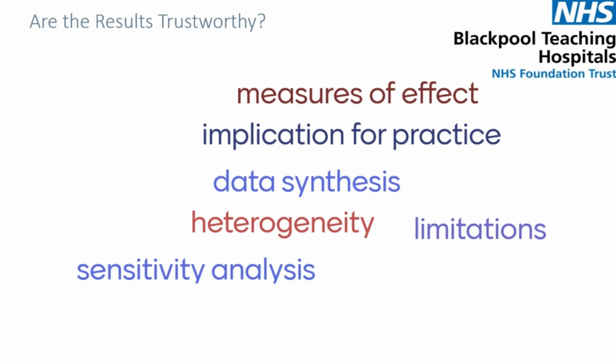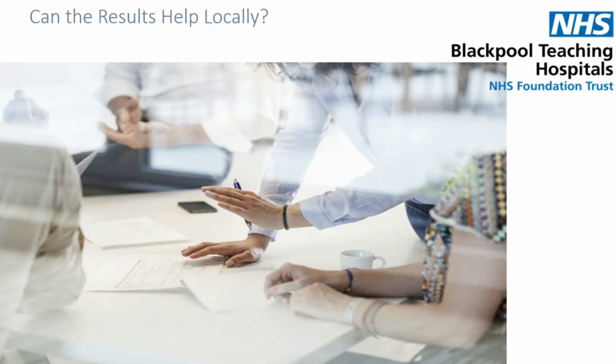Check that the review details the characteristics and the results of the included studies and whether the findings are consistent. Look for assessments of heterogeneity and sensitivity analysis to ensure the results are robust and not unduly influenced by individual studies. Trustworthy results are backed by clear and honest reporting.